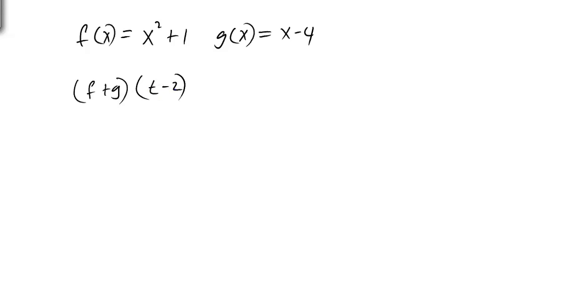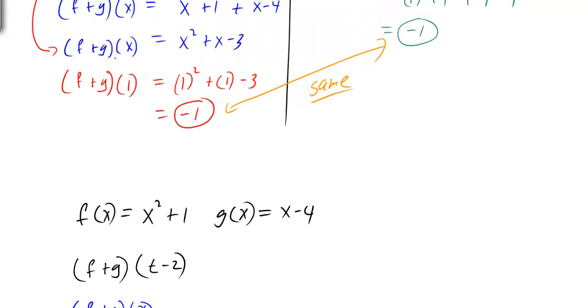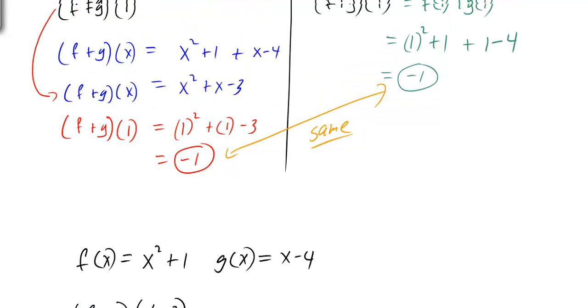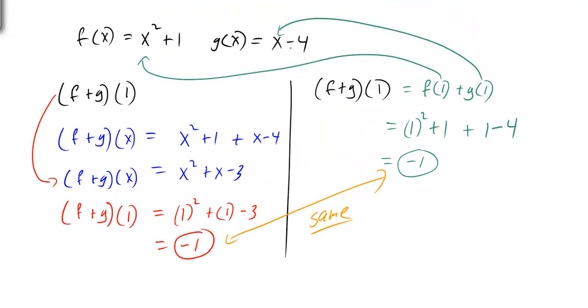2. Now what I would suggest is we could still, once again, because we already know what f plus g of x is, right? We found that above. Up here, f plus g of x was x squared plus x minus 3, because we can use this because we're looking at the same function f and g.